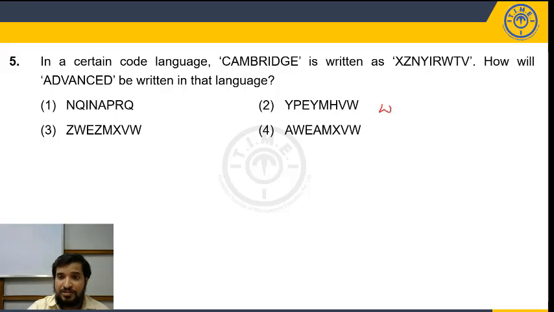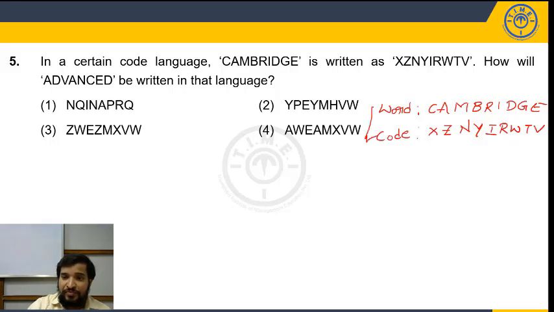The given word is Cambridge, and the code is X, Z, N, Y, I, W, T, V.